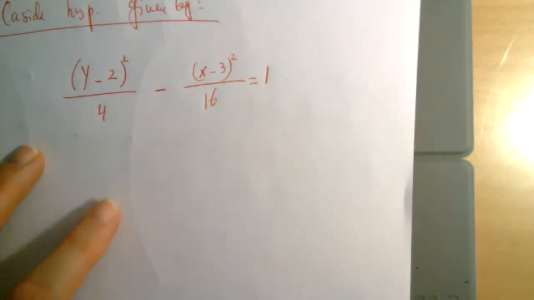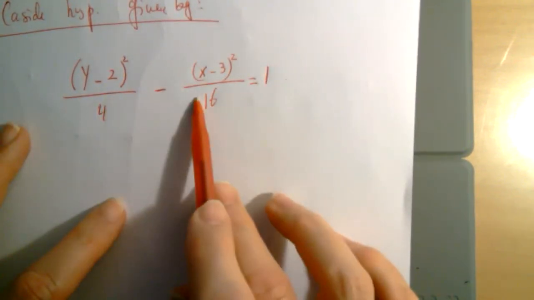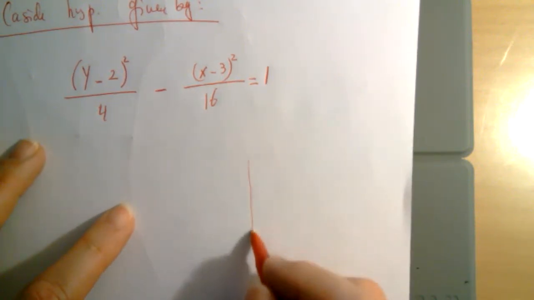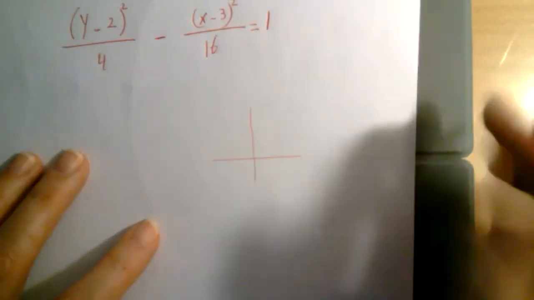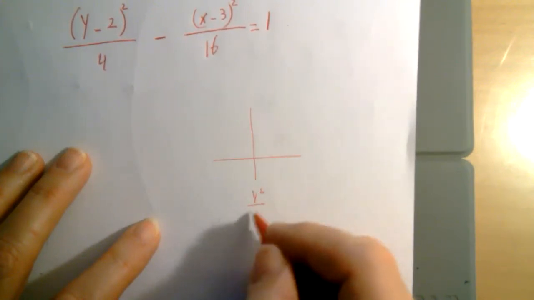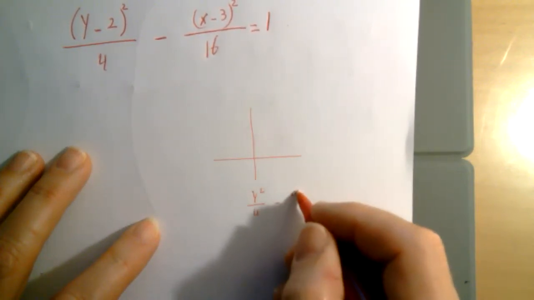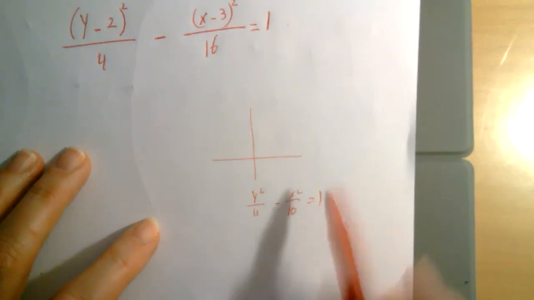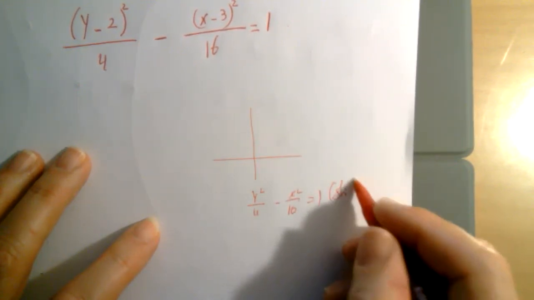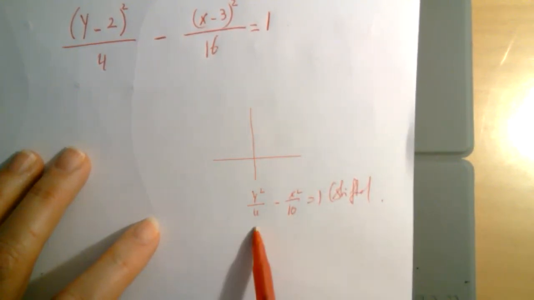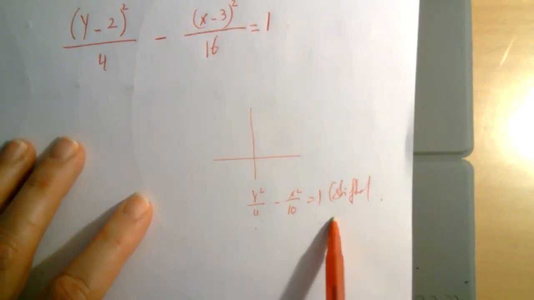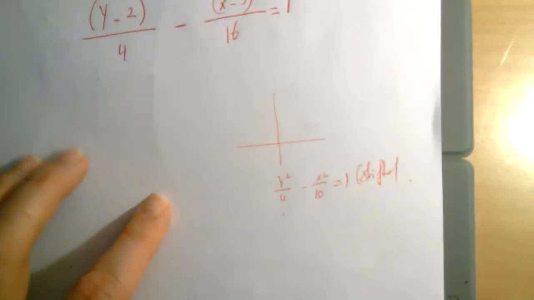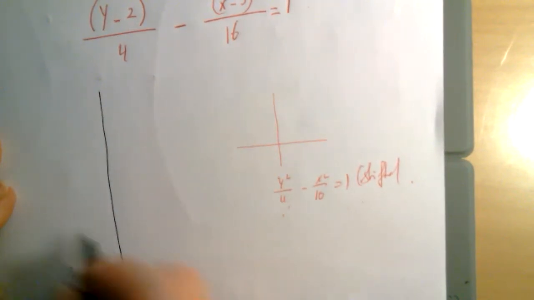Okay, so in my mind, what is this hyperbola? This is nothing more than y squared over 4 minus x squared over 16 equal to 1. It's this one shifted. It's the standard one, which is shifted. That's what this hyperbola is. So my new hyperbola is going to be the following.